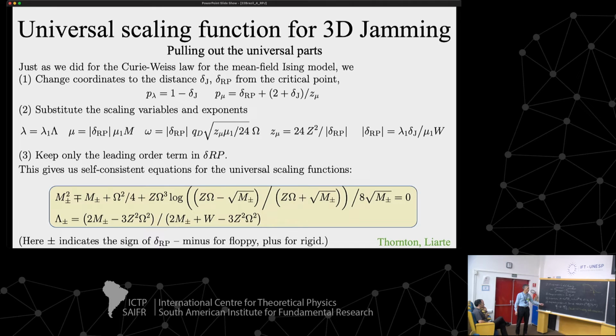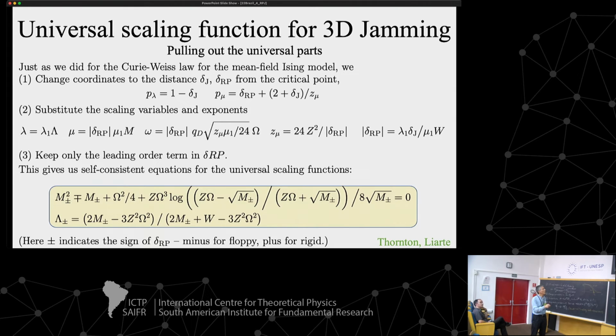You have to go to some effort to figure out how to do this, but once you know it, then you can plug it in, just like you can take a derivative of a function and prove that you integrated it right, okay? And so we plugged these in. Lambda, the bulk modulus, jumps at the transition, so it doesn't scale with the distance to the transition. It goes as delta RP to the 0.